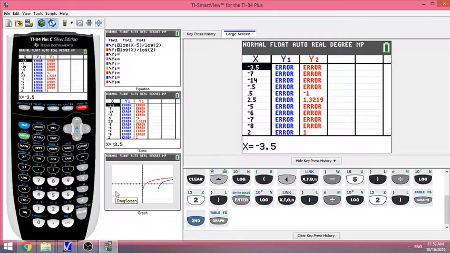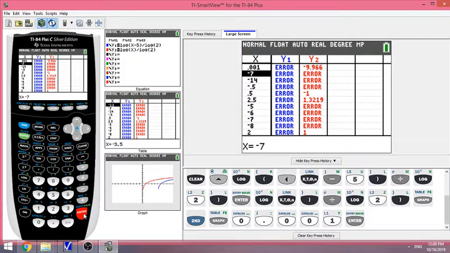So let's put in something close to 0 from the right-hand side, 0.001. For y1, it shows an error because of the boundary, the vertical asymptote. The domain must be x greater than 5.